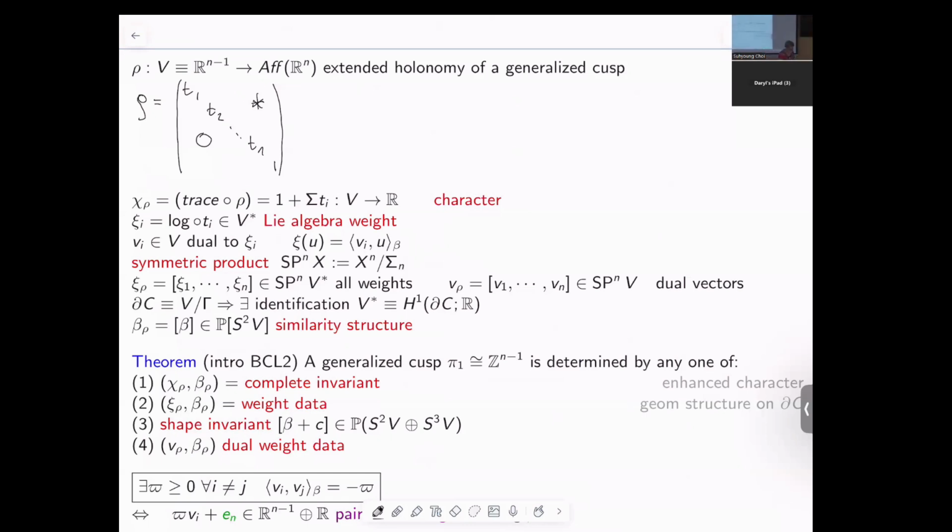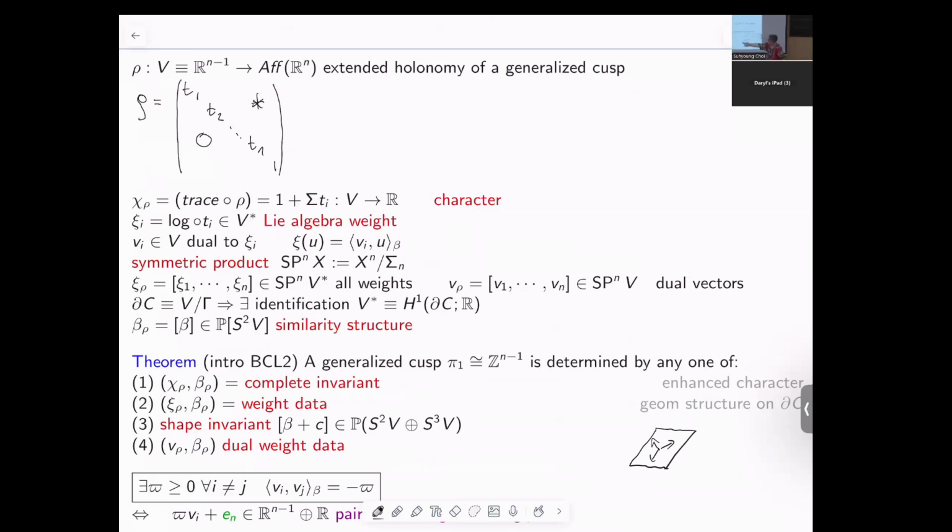So in the introduction, I said, here is a generalized cusp in dimension 3. I drew a parallelogram, and then I drew 3 vectors. And these weren't any three vectors. This is a parallelogram, so that's giving me a similarity structure. And then these three vectors had a special property.